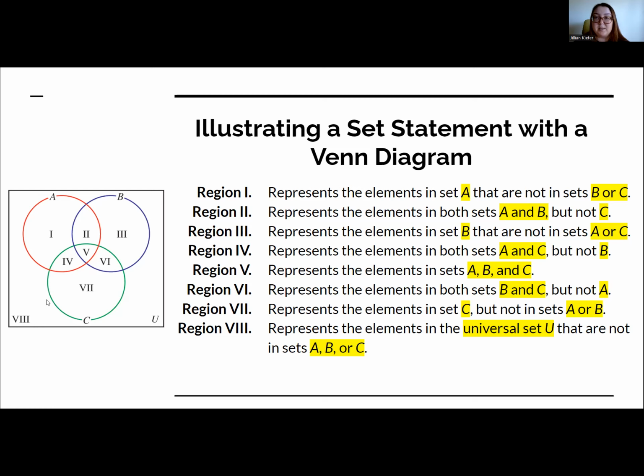It represents the elements in the universal set U that are not in any of the sets A, B, or C, or any of the overlapping intersection points. So that's what all of these regions are going to indicate. So when we go ahead and figure out values based on certain problems, we'll be able to break these down.